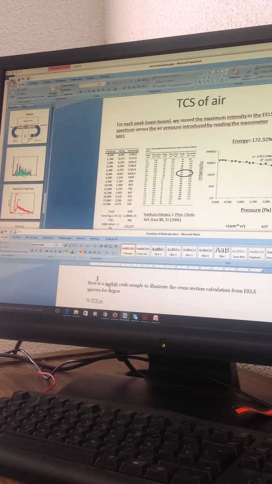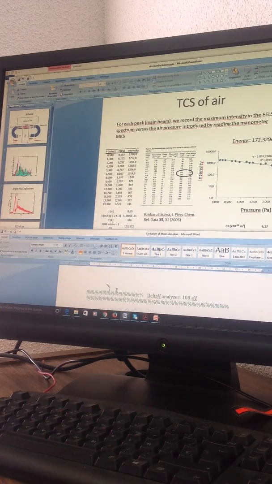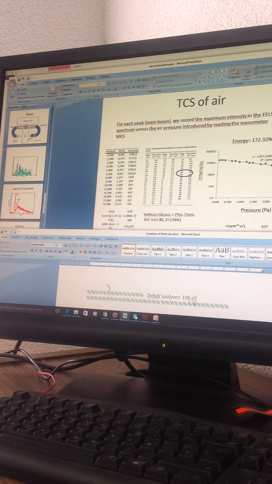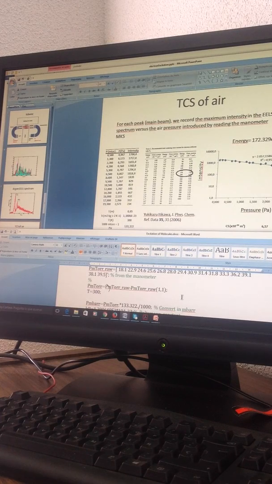So here I just added a MATLAB code which gives you the structure of the code to extract the total cross section from the yields, the spectra. In this condition, we used a pass energy of 58, between the outer and the inner hemisphere we have 61 eV, the analyzer has 108 eV, and the accelerating energy was 173.